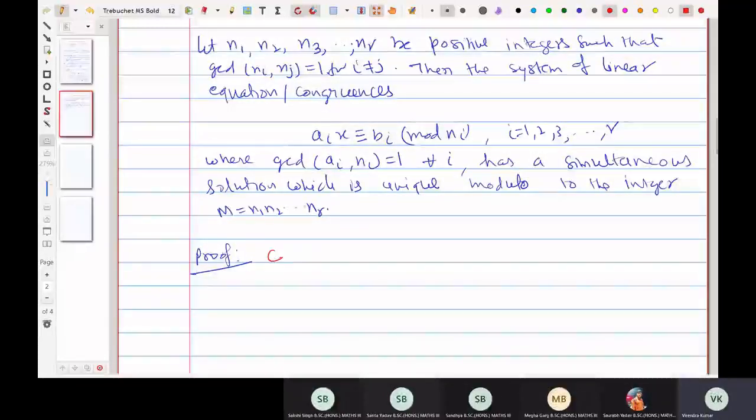So we need to consider the equations a_i x is congruent to b_i modulo n_i, and i equals 1, 2, 3 up to r. Fine.